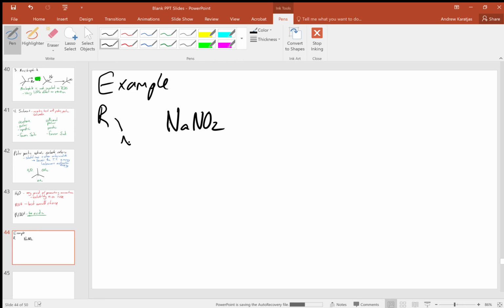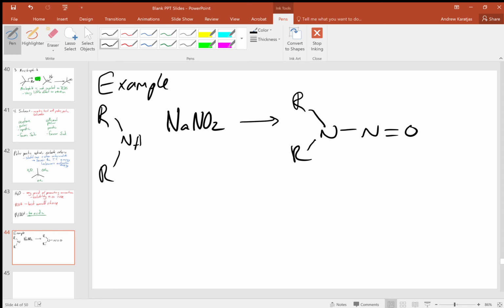Well, if you have an amine present, and we certainly have plenty of those present biologically, an amine is able to react with sodium nitrite to form this rather strange looking species.